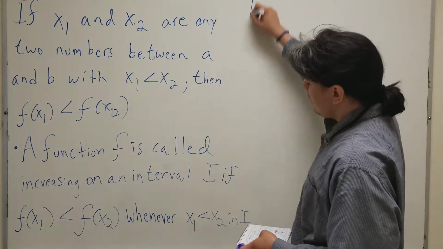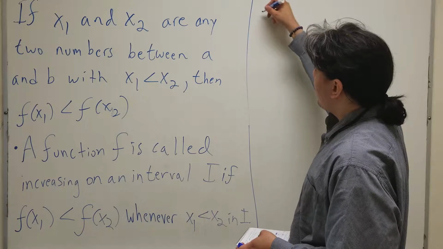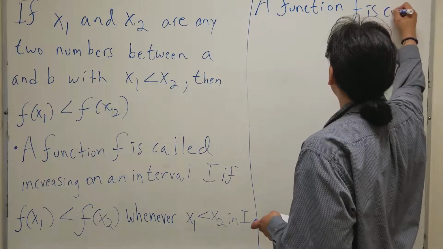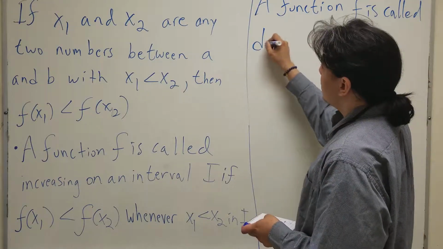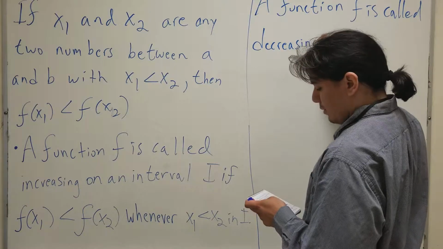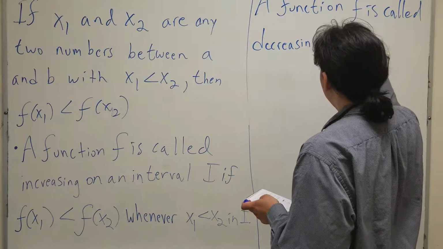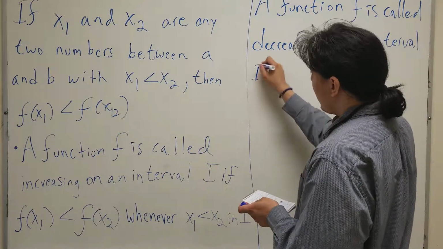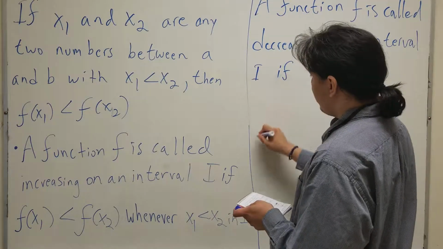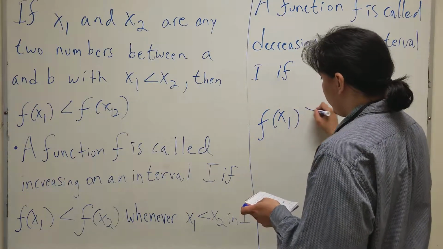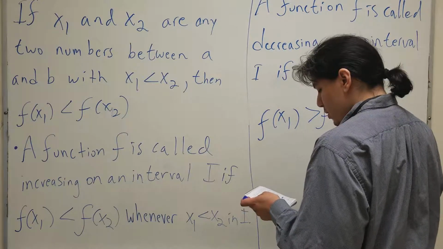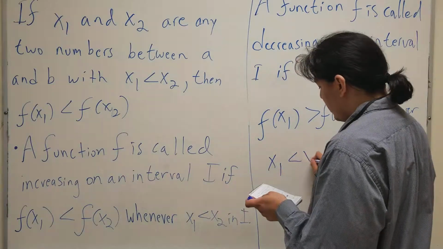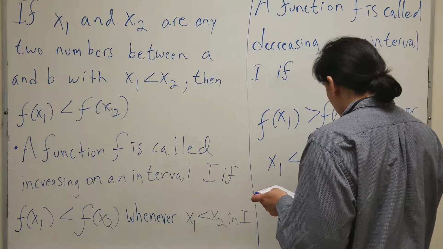A function f is called decreasing on an interval I if the function f of x1 is greater than f of x2 whenever x1 is still less than x2 in I.